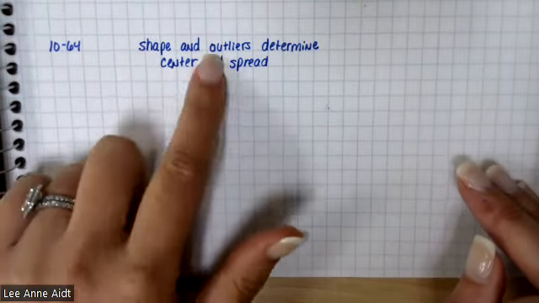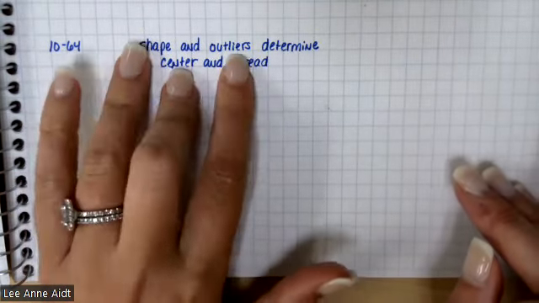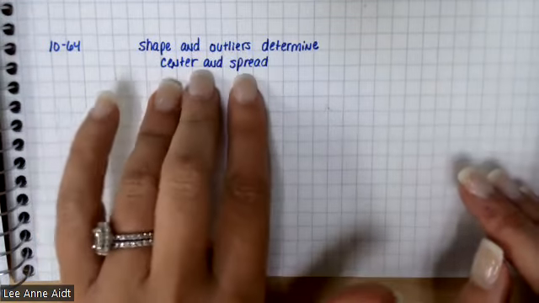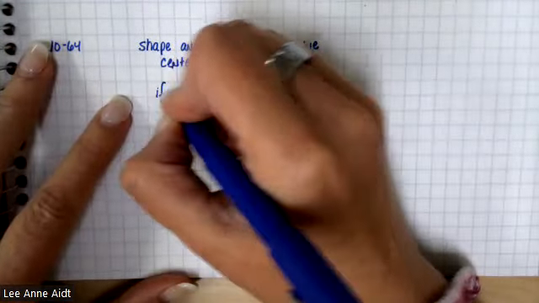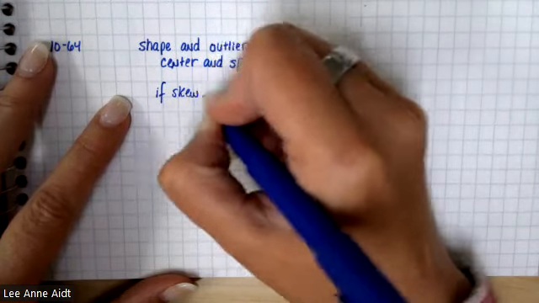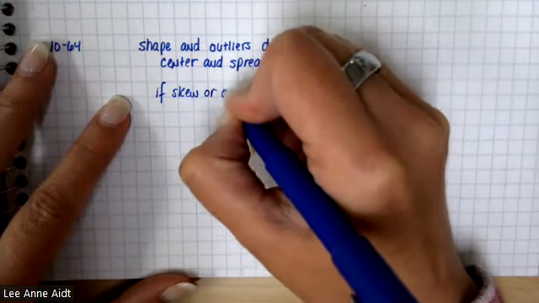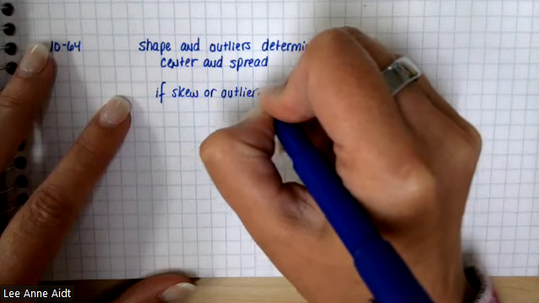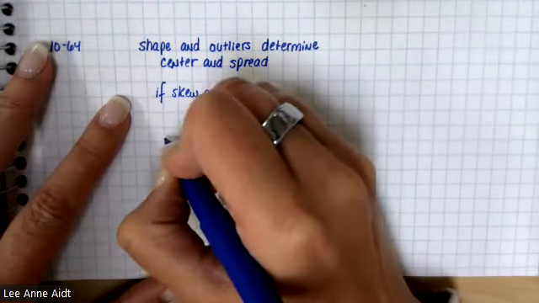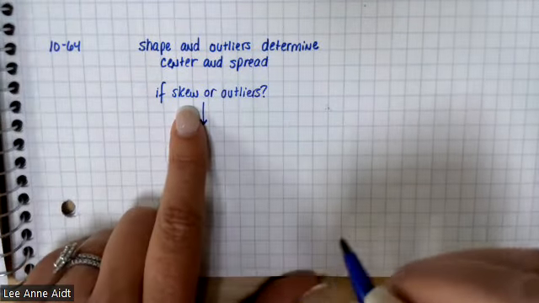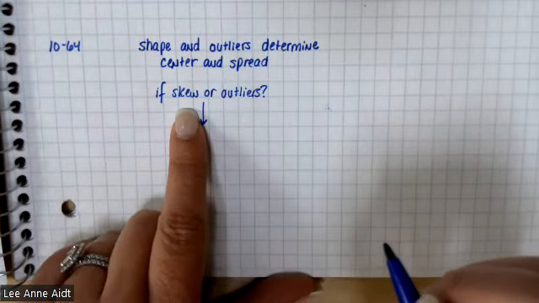SOCS is shape, outlier, center, spread. The shape and outliers help you decide which center and spread to use. So if skew or outliers, which center should you choose? Do you know?